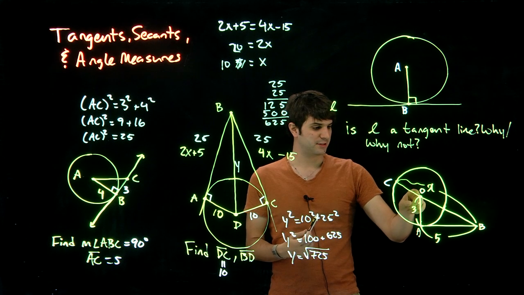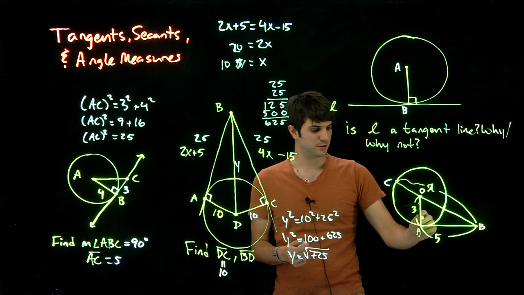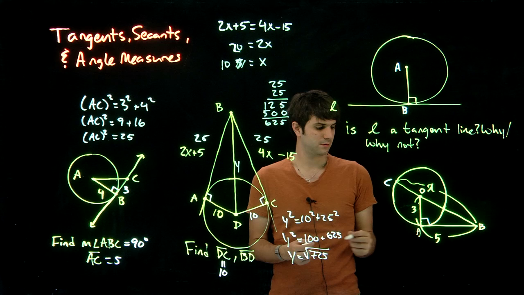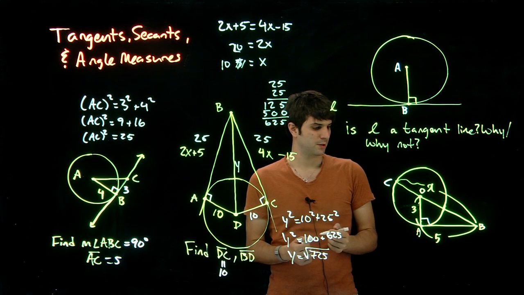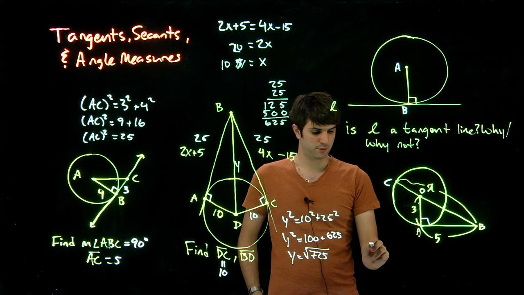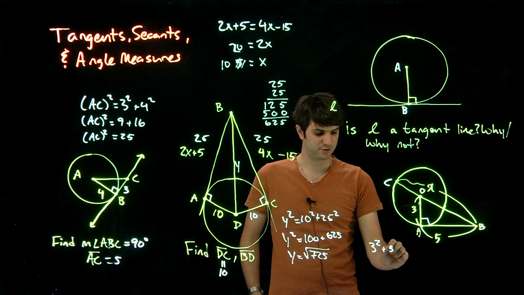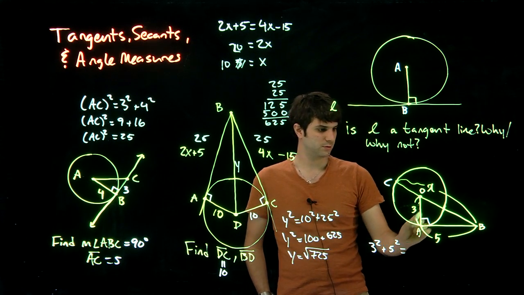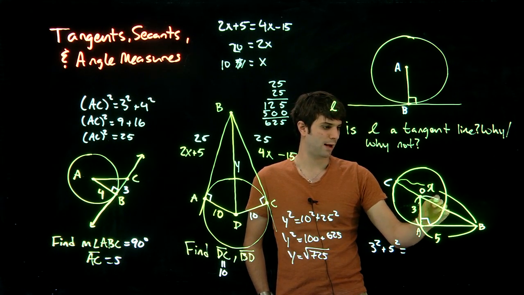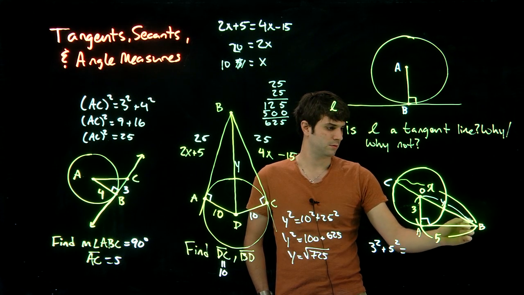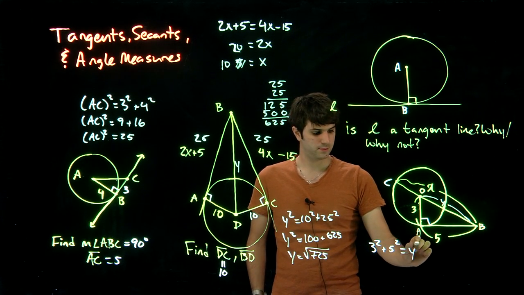Since we know that this is a radius and this is a tangent line, we know this must be 90 degrees. So we can use the Pythagorean Theorem. 3 squared plus 5 squared equals, let's say this is y, y squared.